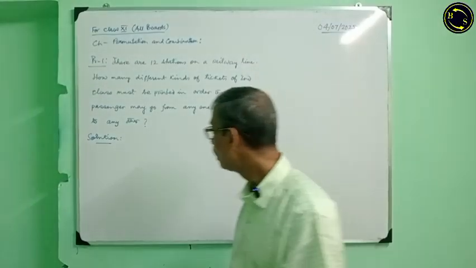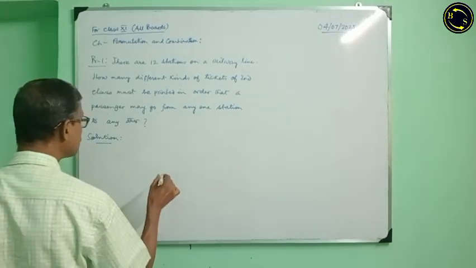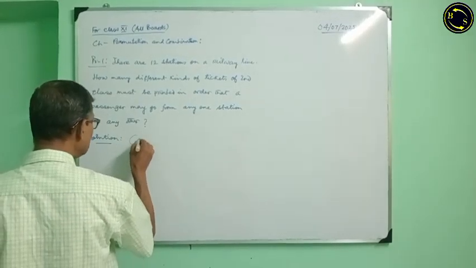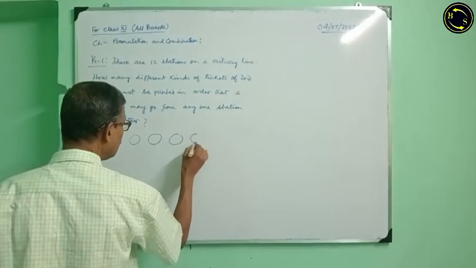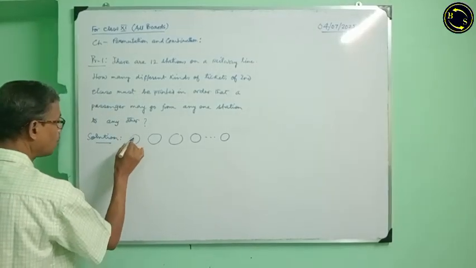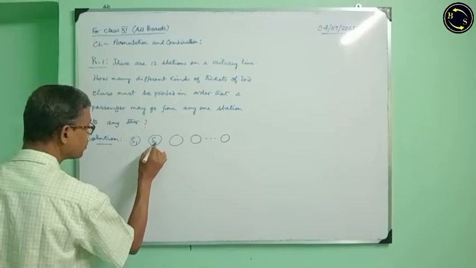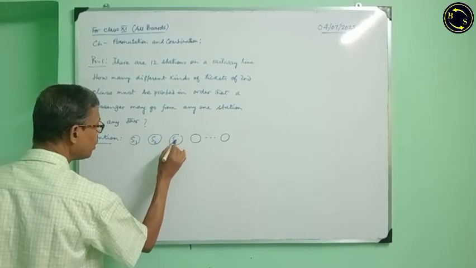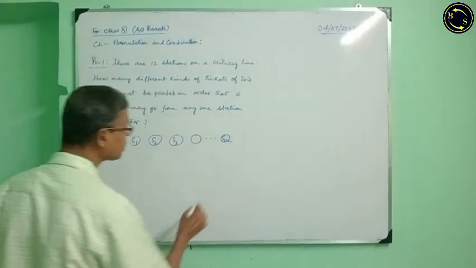First of all, let me draw this diagram. I call this station S1, second station S2, S3, up to S12. 12 stations are there.